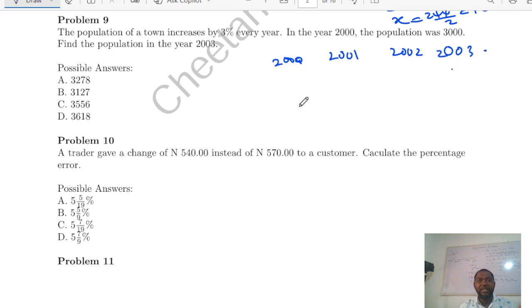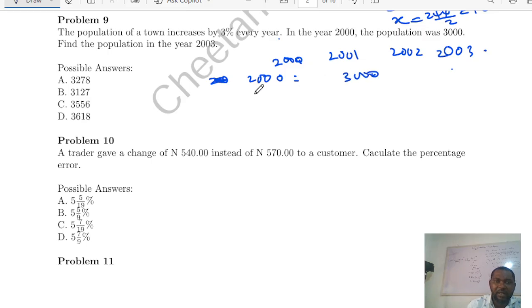Since it increases by a particular percentage every year, it simply means that it is an arithmetic progression. Okay, so increasing by 3% every year. So let's see, here we say the population of the town increases by 3% every year. In year 2000, the population was 3000.